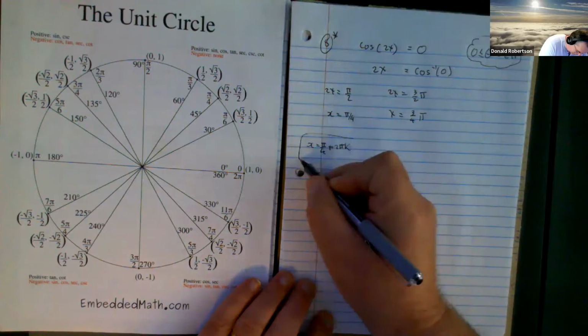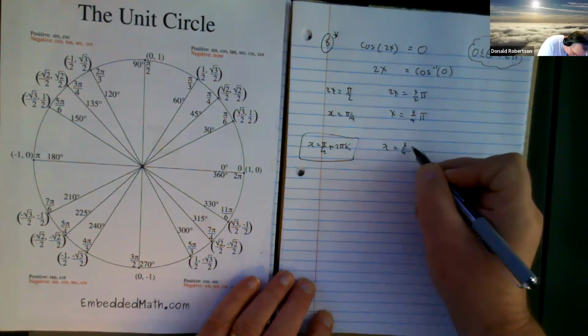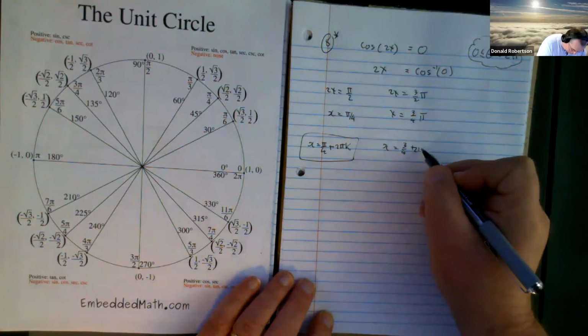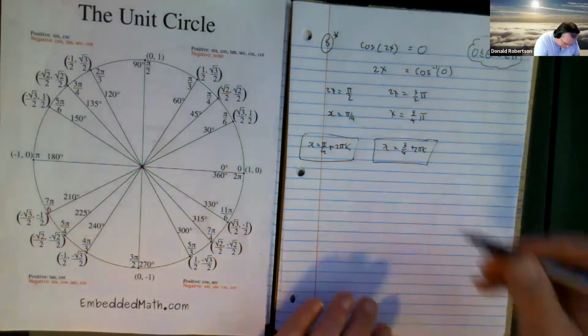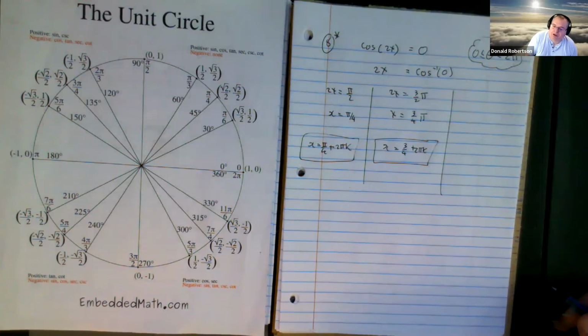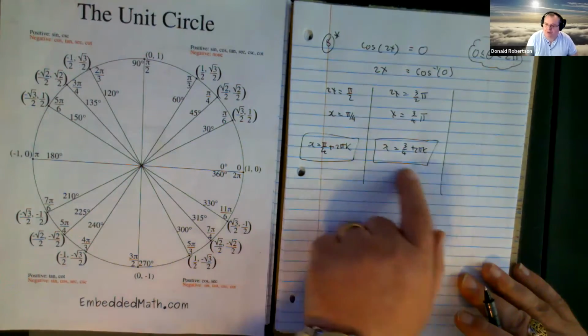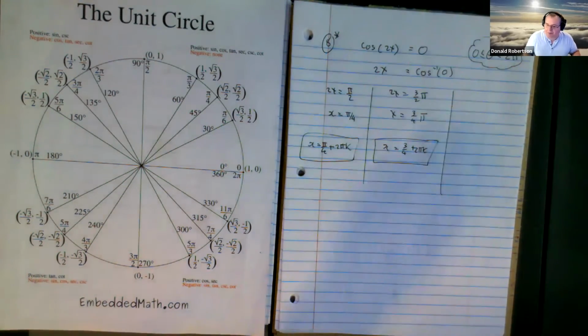Okay, that's that answer done. And then we're just going to add on 2 pi k, which is that guy. But that's only 2 answers. And typically that's what you would expect. If that was x, you'd only get 2 answers and you'd be happy.